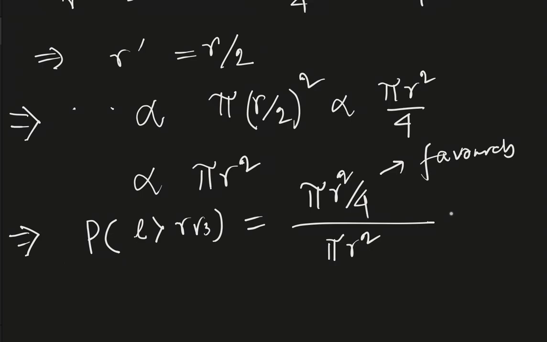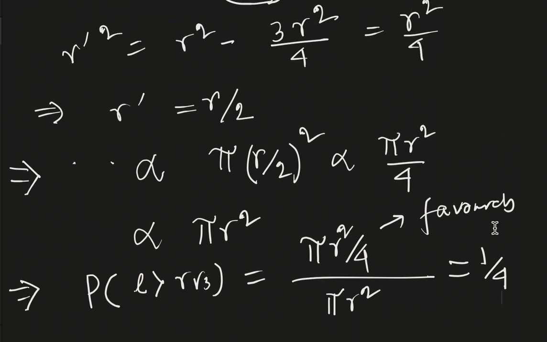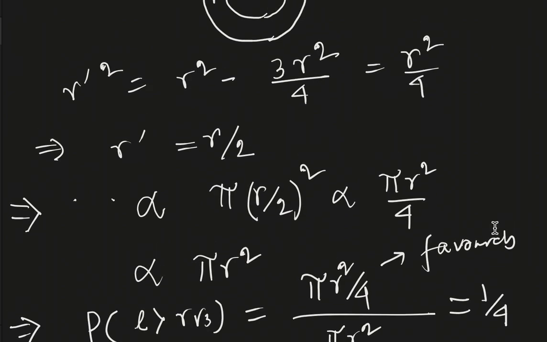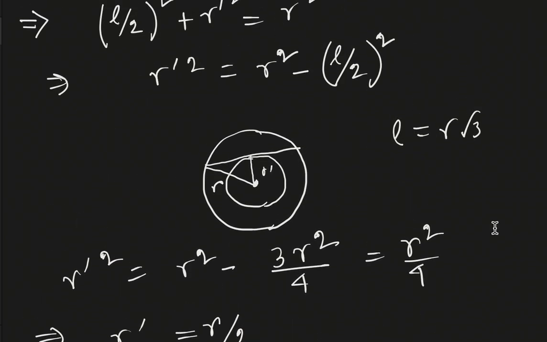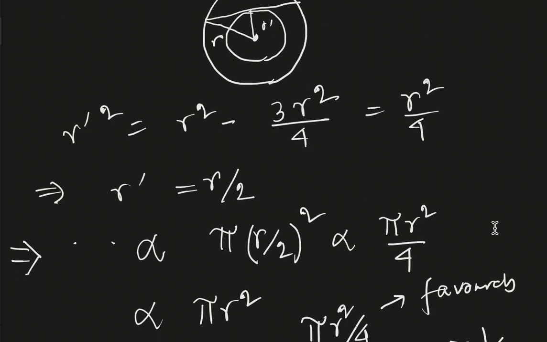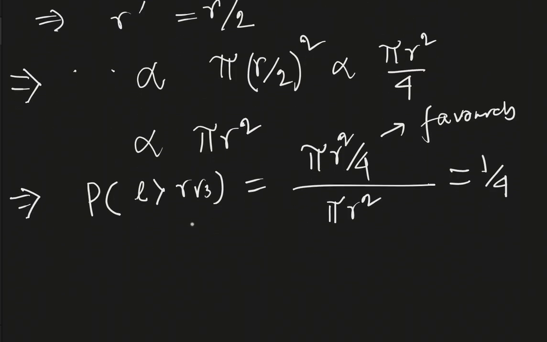So that becomes 1/4. So now we get the probability of a randomly selected chord having length larger than r root 3 as 1/4.